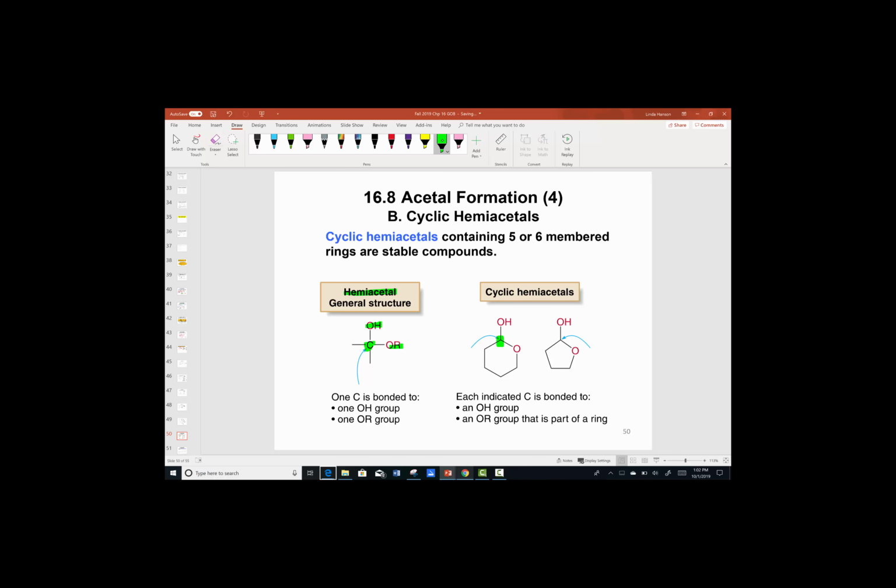Here's a carbon attached to an OH and an OR. So therefore, I can see that it is a cyclic hemiacetal. Here's a 5-membered ring. Here's a carbon attached to an oxygen attached to an OR group. So it is also a hemiacetal. Recognizing that it can be in a straight chain or in a cyclic structure.